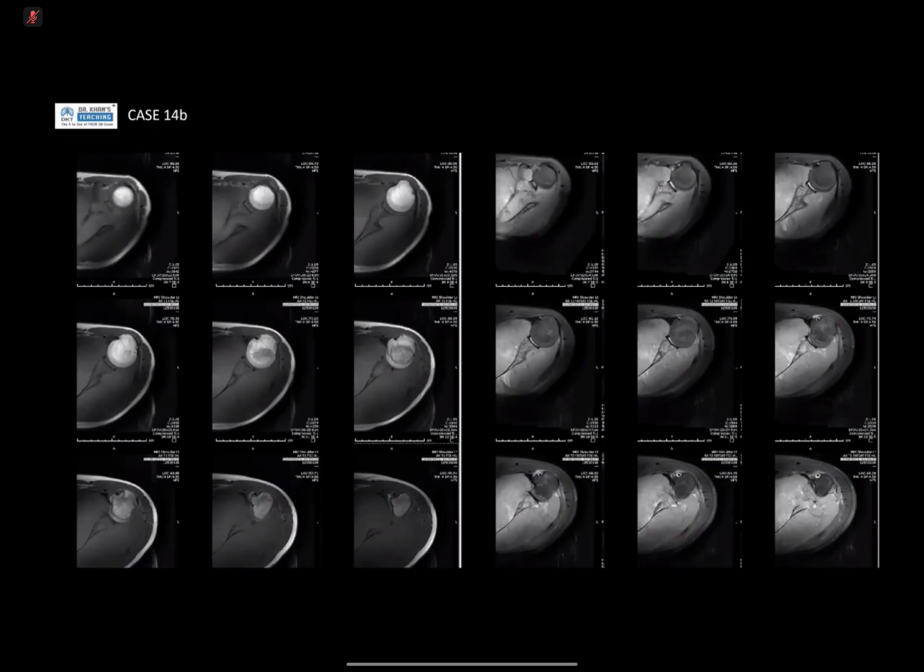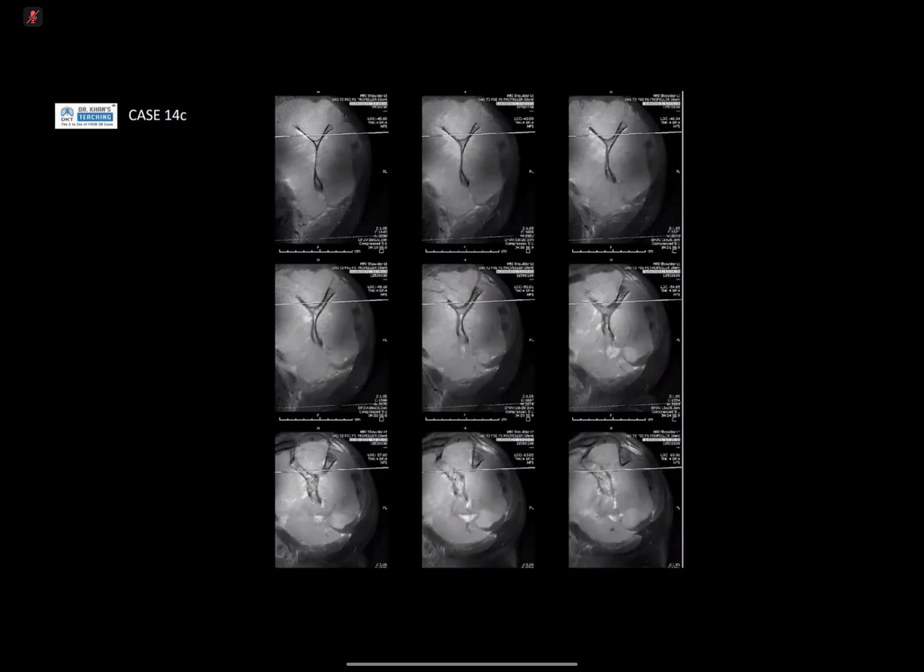So this lesion appears heterogeneous and shows some cortex. So yeah, I mean, you're on the right track. So there is destruction. I have seen a case of chondrosarcoma like this, but I'm not sure.